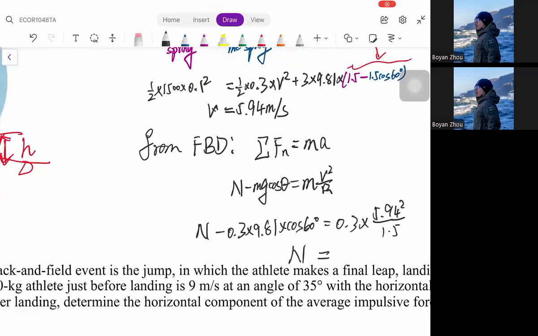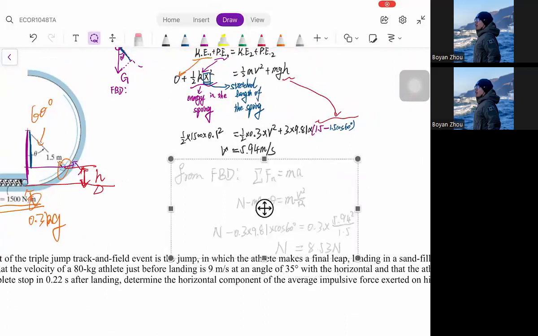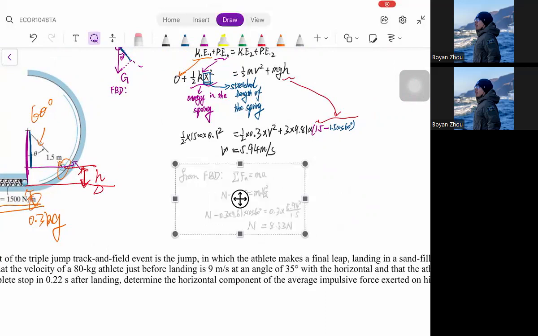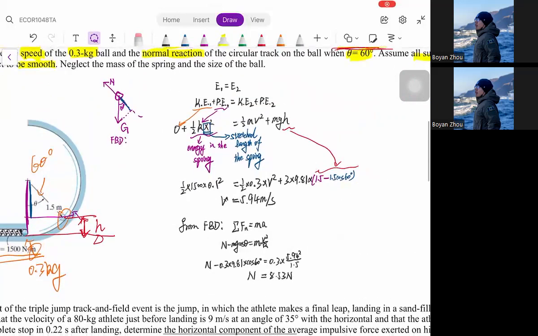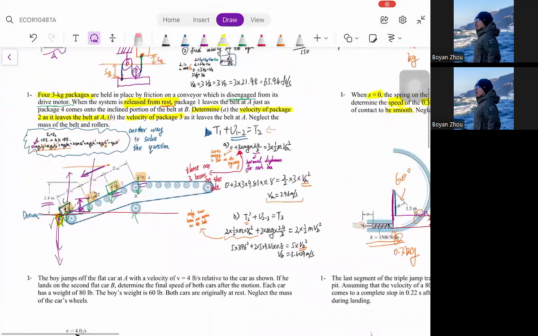So just solve for the reaction force N, which is equal to 8.53 Newton. Okay, then let's go to the next one.